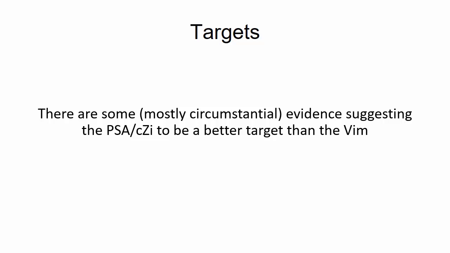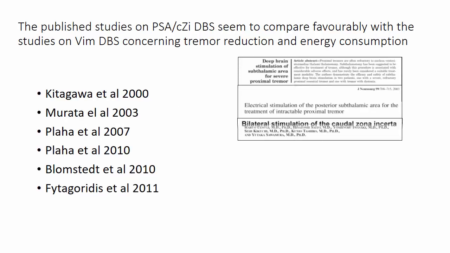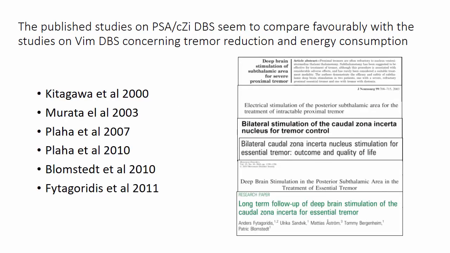Regarding the different targets, there is some mostly circumstantial evidence suggesting the PSA to be a better target than the VIM. The published studies on PSA DBS seem to compare favorably with the studies on VIM DBS concerning tremor reduction and energy consumption.